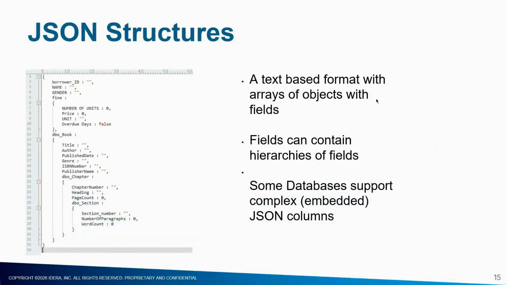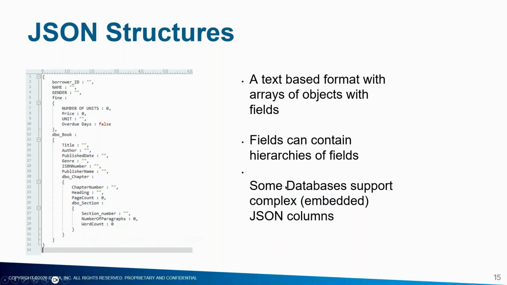Obviously, I think most people will be aware JSON is a textual format which is used to describe arrays of objects and fields. Typically, it's hierarchical. So you can see here, we'll use this kind of example in my demo in a moment. We've got a book. The book's got chapters. The chapters got sections, and so on.